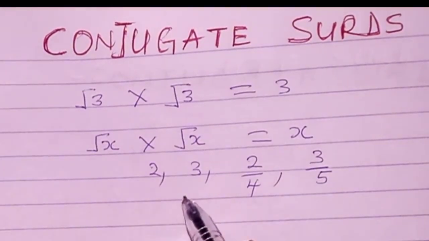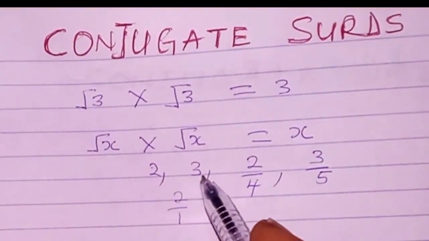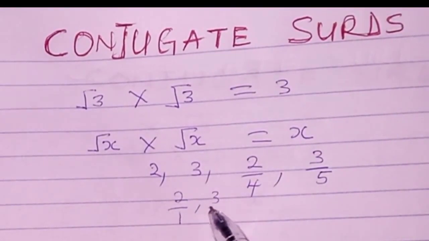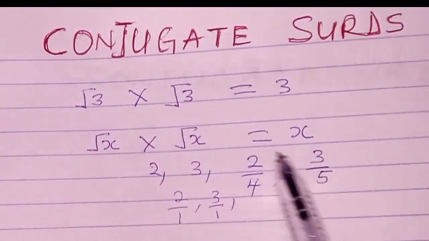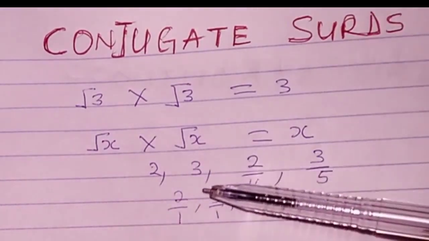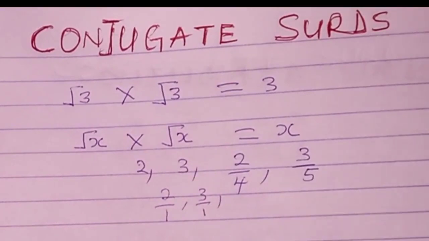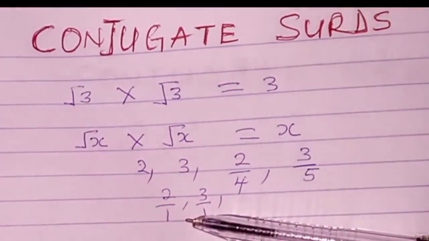Remember that 2 is the same thing as 2 over 1, and 3 is the same thing as 3 over 1. So all these are rational numbers because they can be expressed as a ratio of two integers.